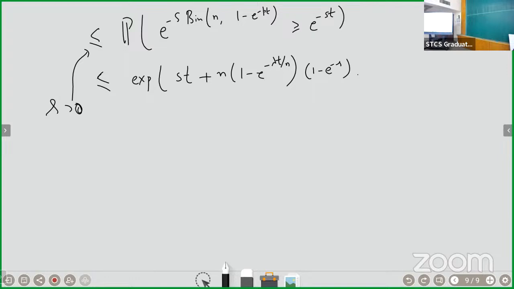Okay, at this point, there's something interesting going on. What do I want to do? As a function of s, minimize this quantity. So that's the tightest bound I can find. So s star does this, from the form of n times 1 minus. So far, nothing really interesting happened. Now there is something to do.